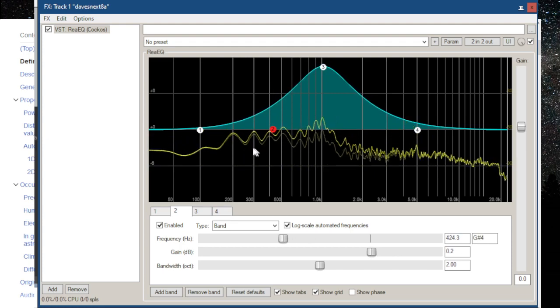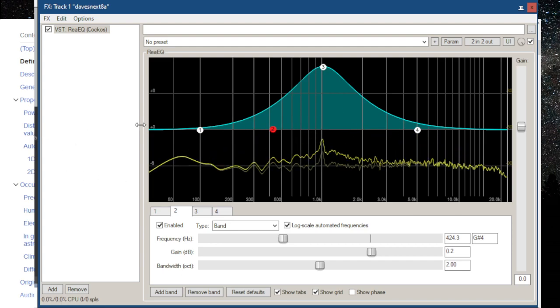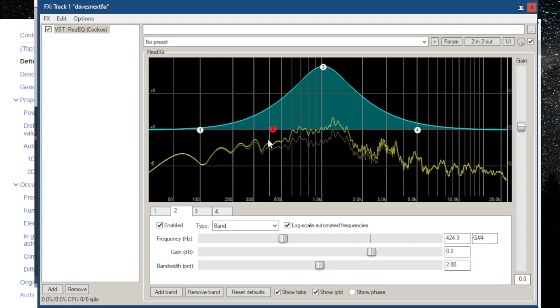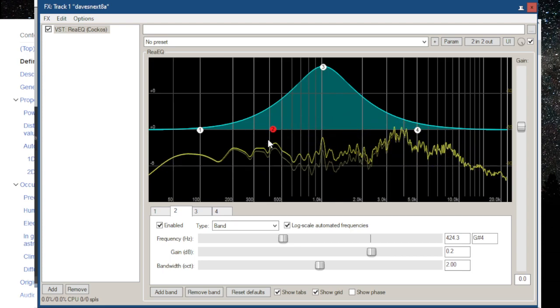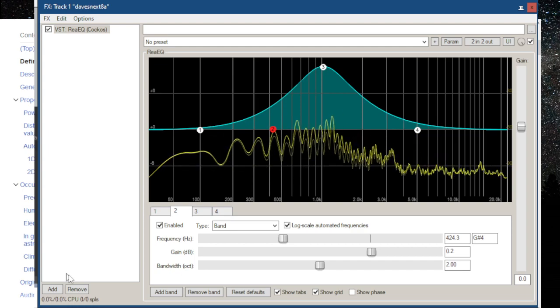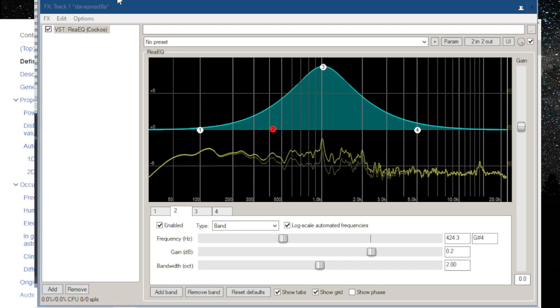Yeah, that's what the problem is. I can't get the bandwidth narrow enough. There are other types of filters that you can get. This is only an equalizer. I don't know what else is in here.